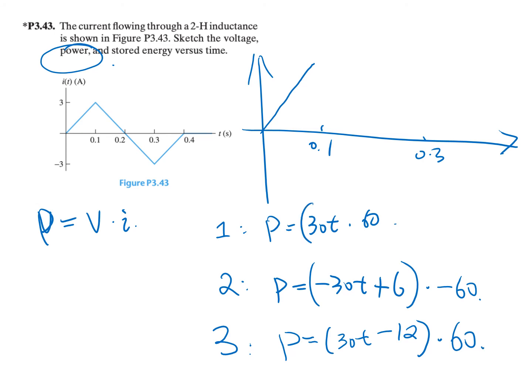For the first stage, it should be 30t times 60. Yeah. So we can plot the graph like this. This is the first stage, second, and third.